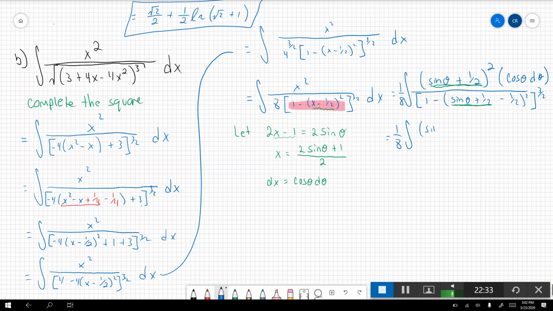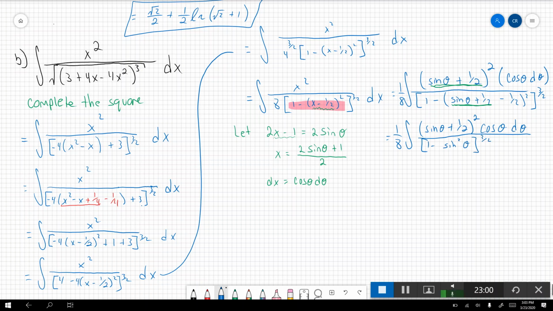I'm going to say this is now sine theta plus 1/2 raised to the power of 2 multiplied by cosine theta d theta, all divided by, let's look at that denominator. That denominator, sine theta plus 1/2 minus 1/2, the halves cancel, and we're just left with 1 minus sine squared theta raised to the power of 3/2.